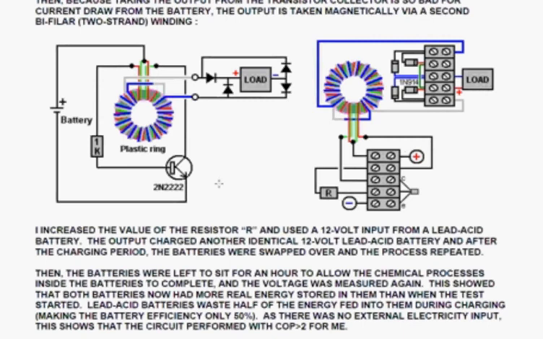So having done that for some hours, I swapped the batteries over and did it again. Then I swapped the batteries over and did it a third time. Then I measured it all carefully. Now with the lead acid battery, you have to leave it at least an hour for the chemical action inside the battery to finish its operation.